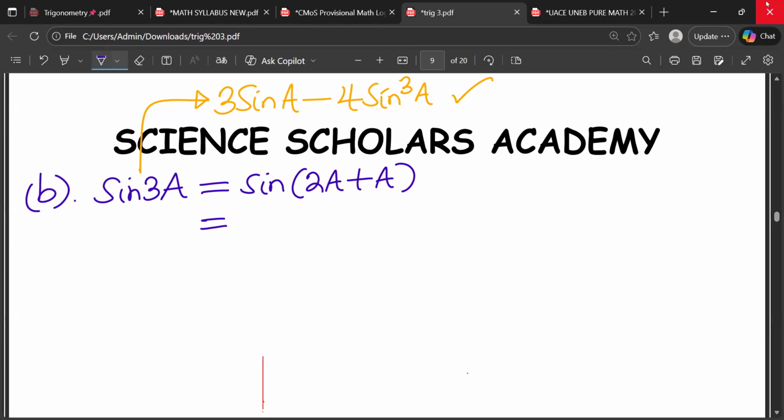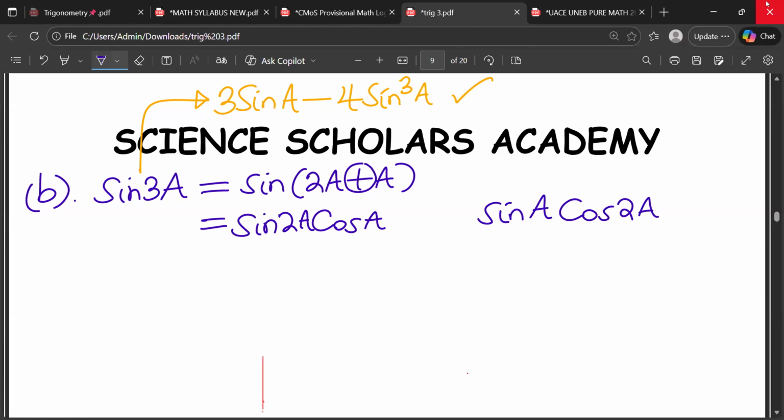So you all know that for sine, it is sine cos. And you all know it will be 2A, then here A, then here it will be A, then here 2A, isn't it? And because of a plus here, even this one will be a plus.